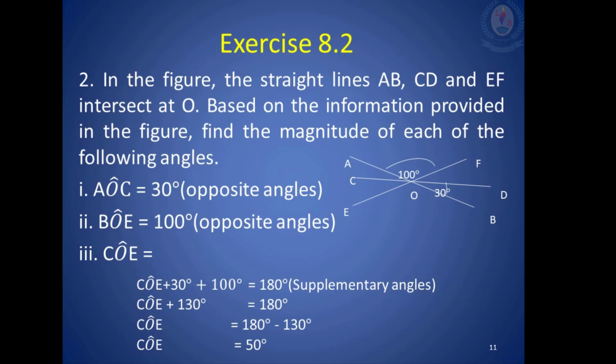They are supplementary angles. Then we can get angle COE plus 130 degrees is equal to 180 degrees. Then take plus 130 degrees to the other side. Angle COE equals 180 degrees minus 130 degrees. Then we are getting angle COE is equal to 50 degrees.